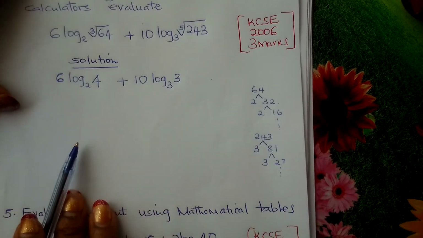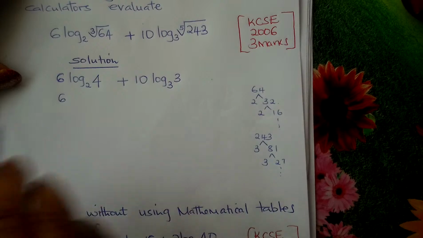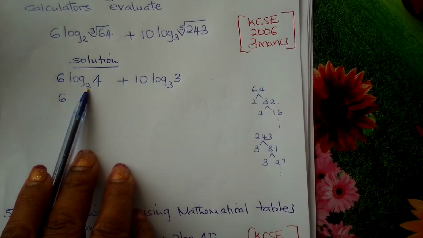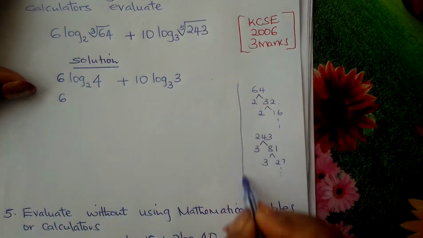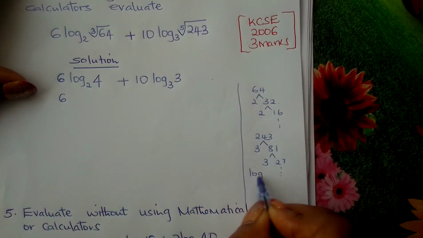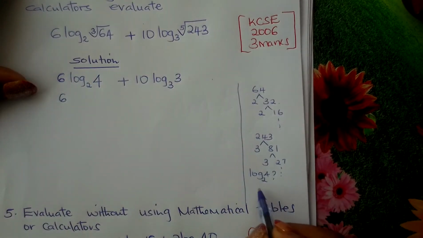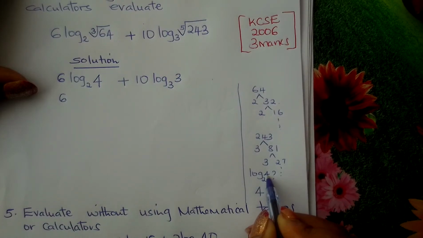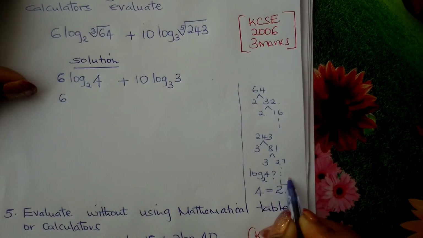From there, you come and write 6 times what? Log 4 to base 2. What is log 4 to base 2? In other words, we are being asked, if you have 4 and you express it to base 2, what is the power?